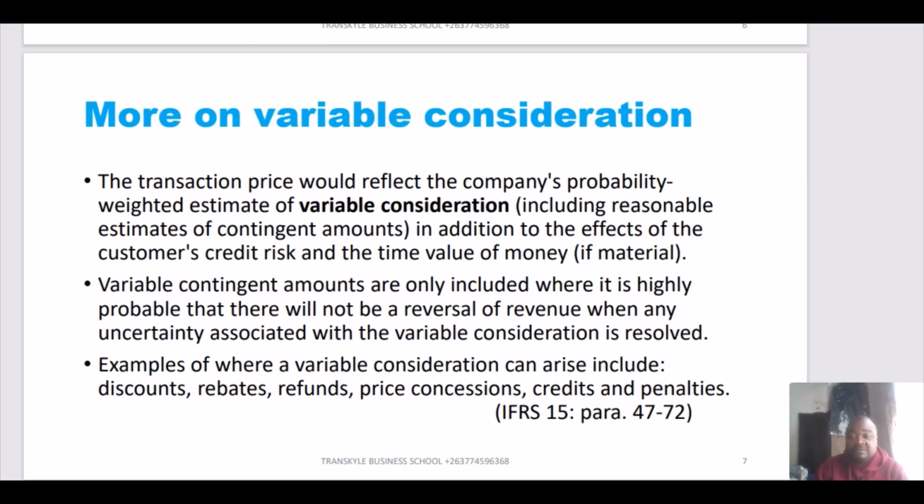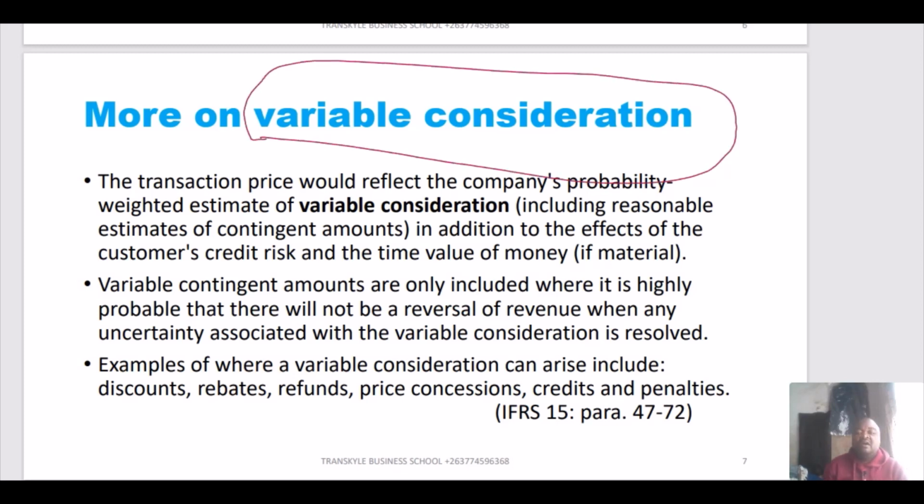Okay, in a nutshell, we are simply saying if we are looking at variable consideration, we are looking at a situation where a customer has a lot of options to affect the transaction. For example, let's say if a customer buys quantities of 500 boxes, he has no discount.